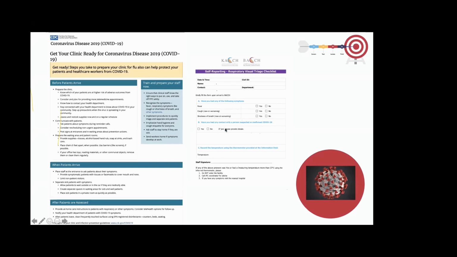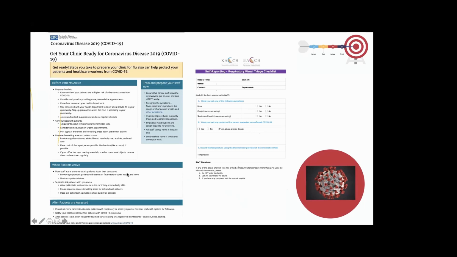If they have any of those symptoms, then they are asked not to come to the facility. They should call the IPC coordinator, the infection prevention control coordinator, or the preventive medicine or the ID person, and they should go to the nearest hospital.